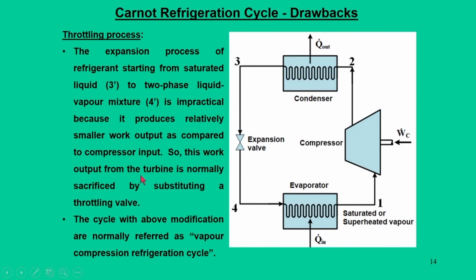So, this work output from the turbine is normally sacrificed by replacing it with a throttle valve, which in this case is nothing but your expansion valve. By taking all these modifications, we call this cycle the vapor compression refrigeration cycle.